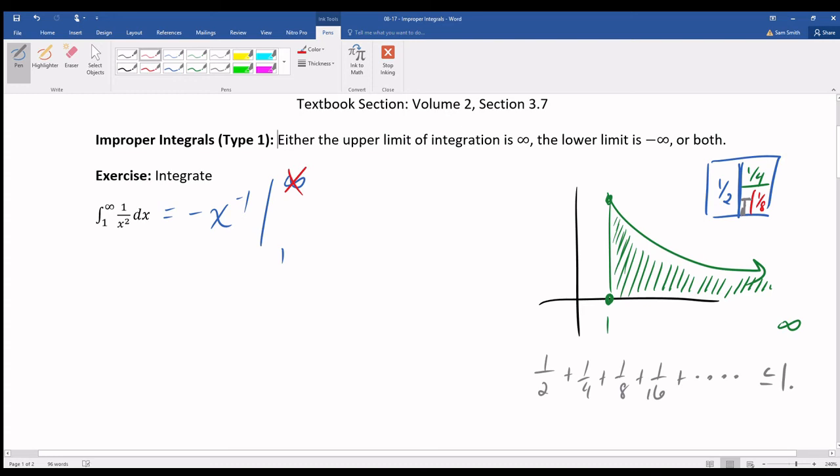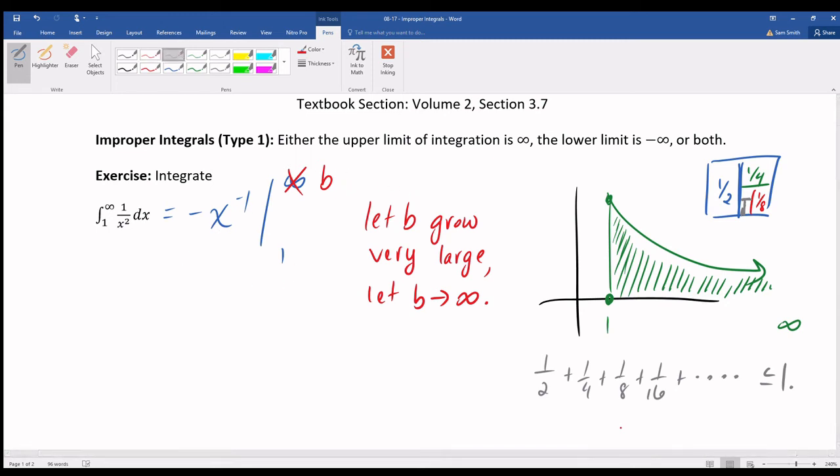Instead, we're going to plug in something that we will call b as a placeholder, and then we will let b grow very large. In the language of limits, we will let b approach infinity. So, if I plug in b and if I plug in 1, and then take the difference between these two quantities, plugging in b will give me -1 over b, or b to the power -1, and then subtract -1 over 1.